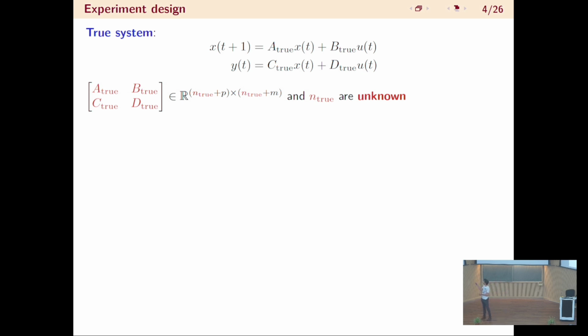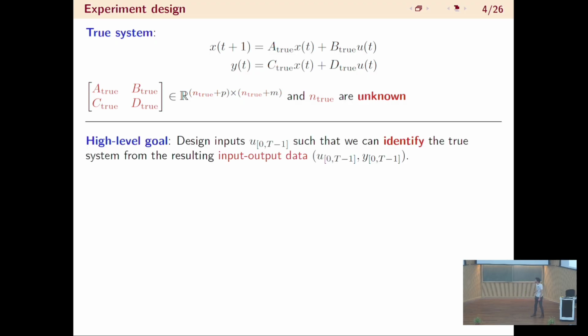So we do not know n true, and we also do not know the parameters of the model. So we do not have access to these matrices A true, B true, C true, and D true. I do assume some prior knowledge, which I will introduce shortly.